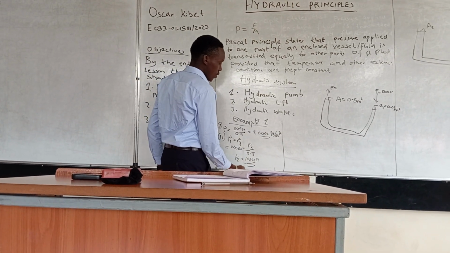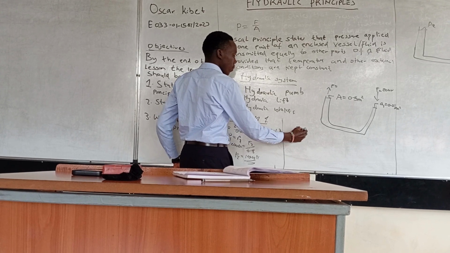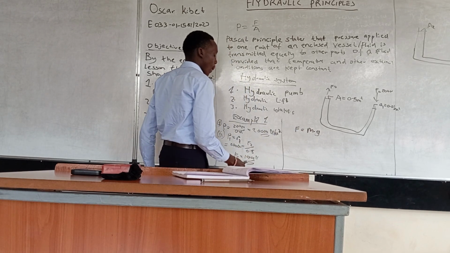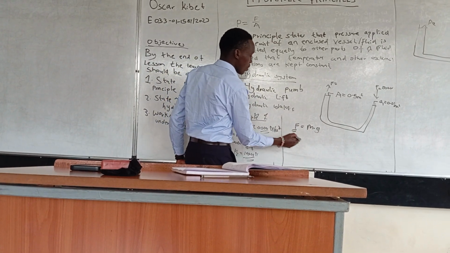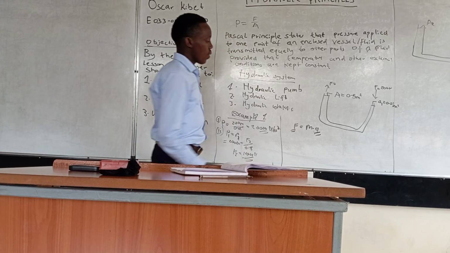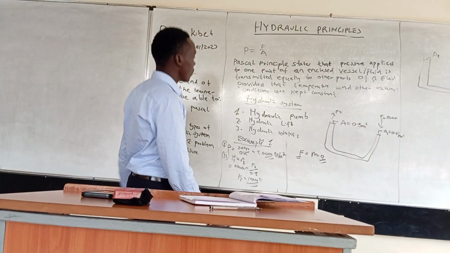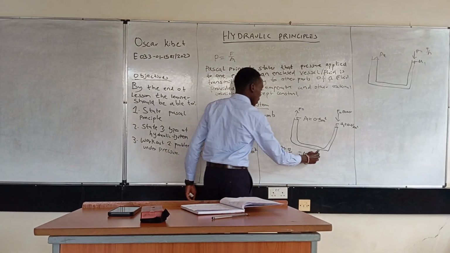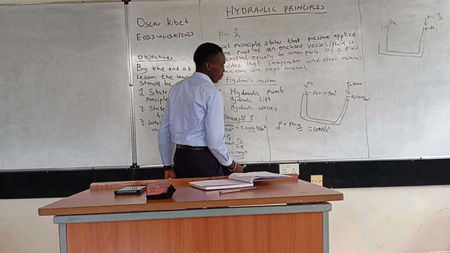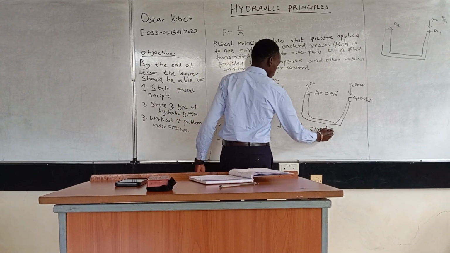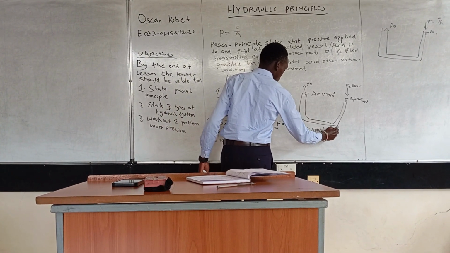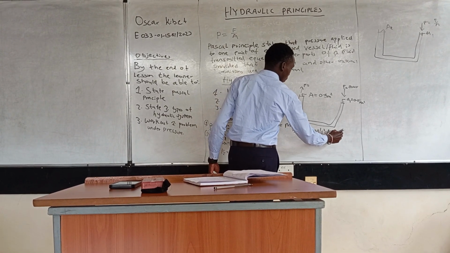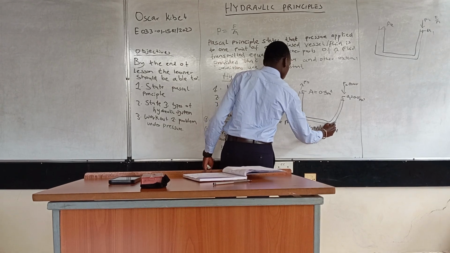If this is the force, and from the formula, force is equal to mass times the gravitational pull, we have the force, and we know the gravitational pull of the earth is 10 meters per second square, or rather 10 newtons per kilogram.